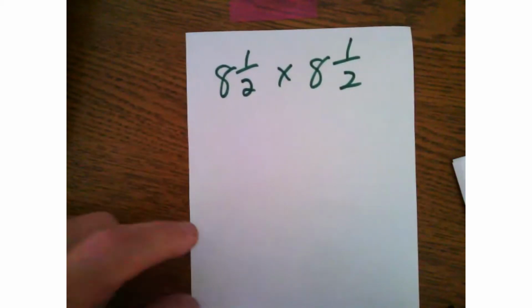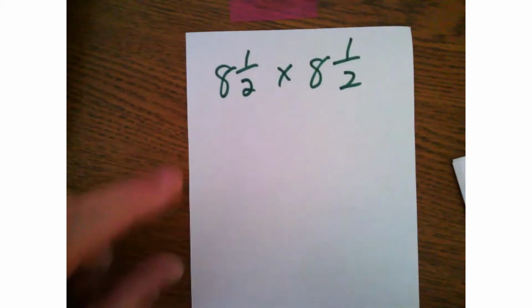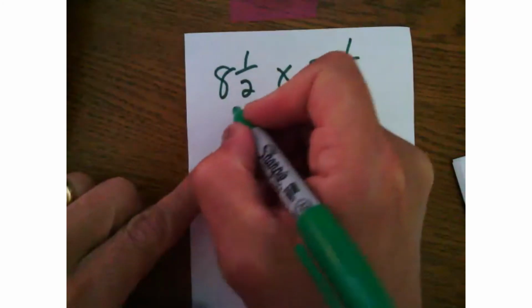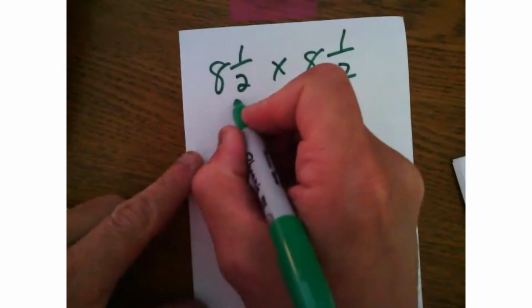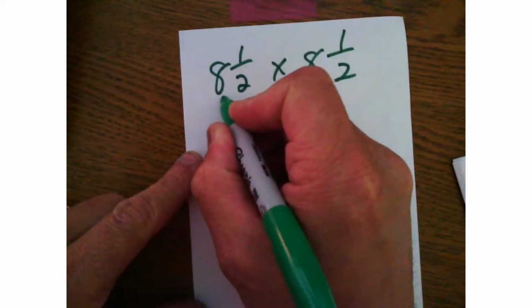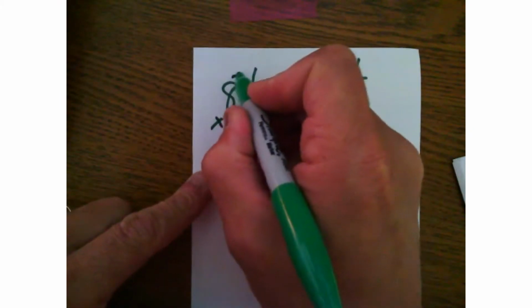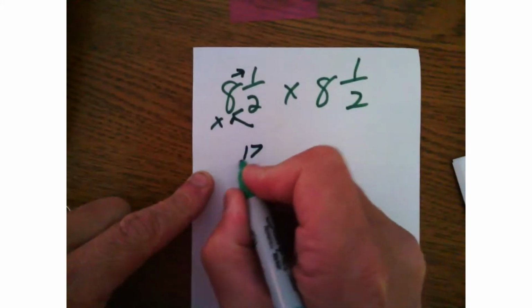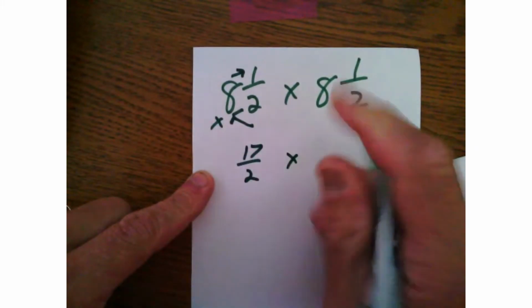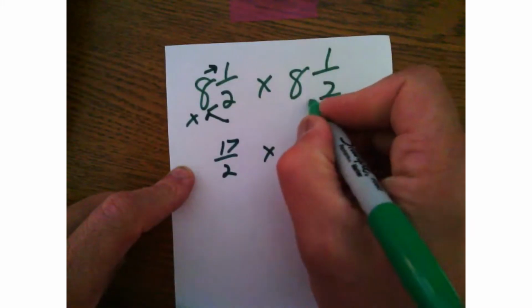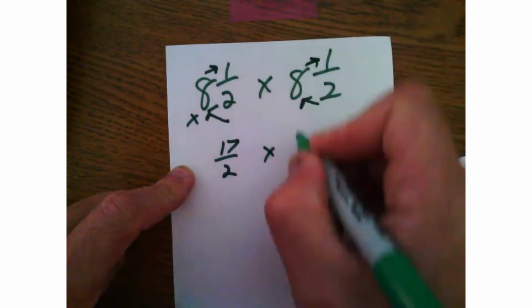We want to change them both into improper fractions. Here's how you do it mathematically: 8 times 2, or 2 times 8, which is 16, plus 1 is 17, and you make it 17 halves. This one is also 17 halves because it's the same, 2 times 8 plus 1.